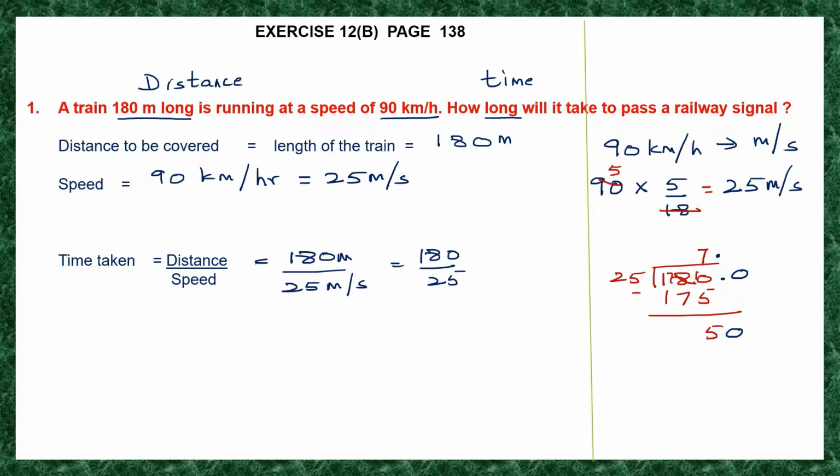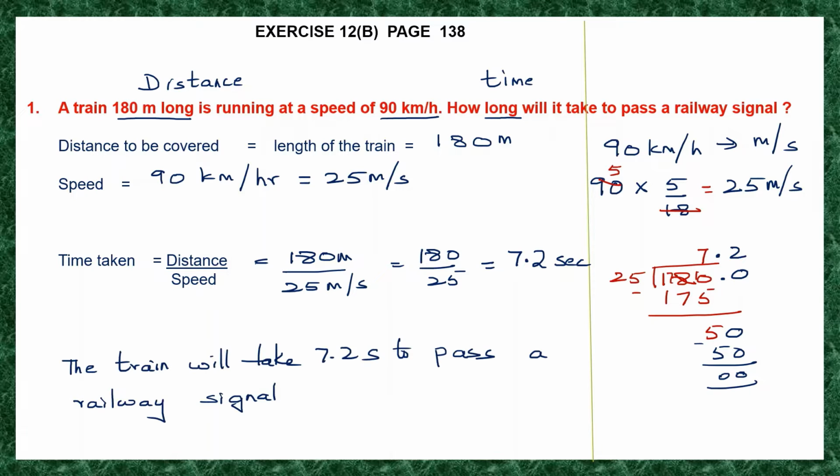Now my number is 50, 25 twos are 50 minus, so I have got 7.2 and because it is time and everything is in seconds, meter and seconds, the time also will be in seconds. So the train will take 7.2 seconds to pass a railway signal.